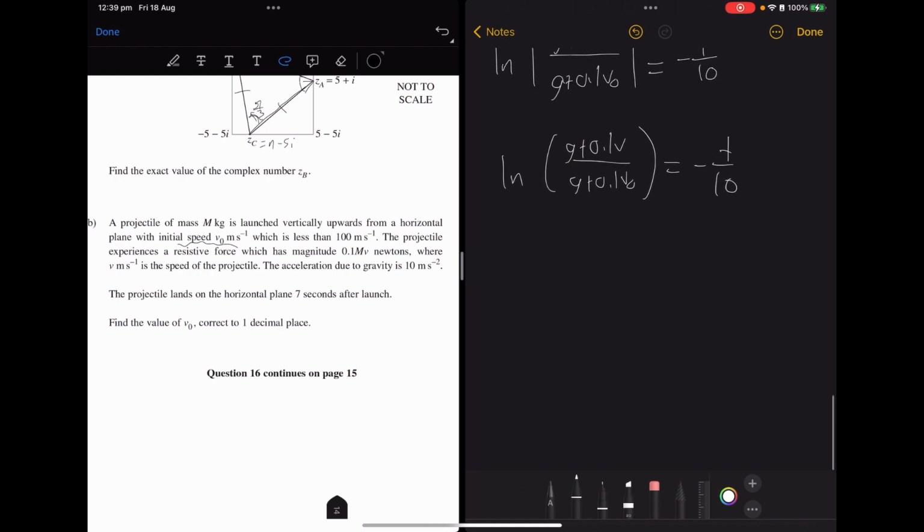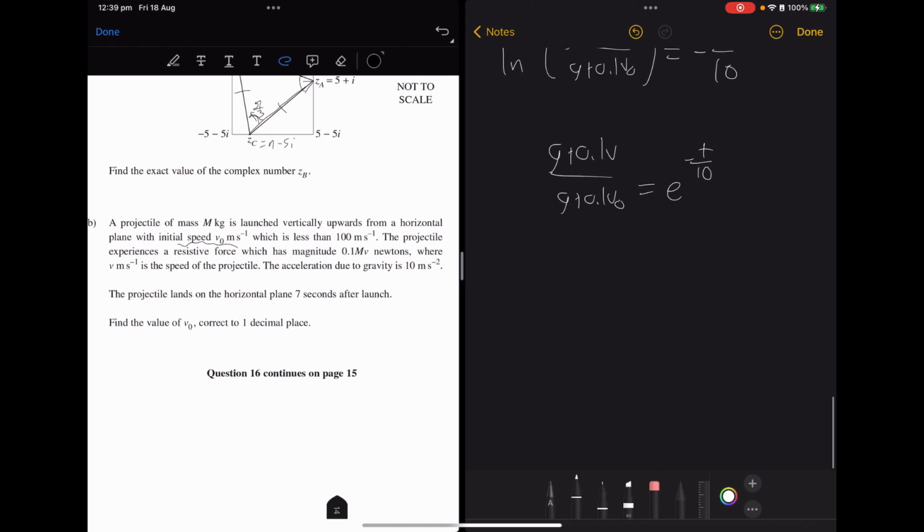Now let's let everything go up to the power of e. So (g plus 0.1 v) over (g plus 0.1 v naught) is equal to e to the negative t over 10. Then we multiply it up. So we have g plus 0.1 v is equal to (g plus 0.1 v naught) times e to the negative t over 10.